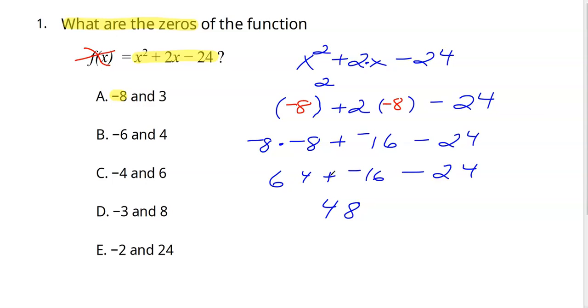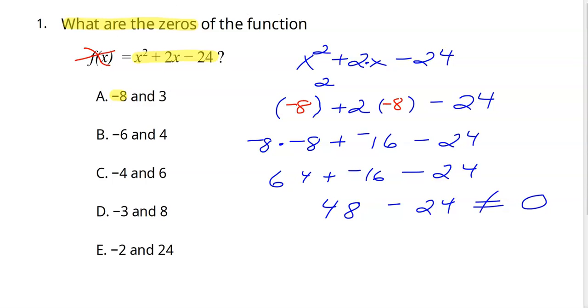When you add a negative, it's the same as subtracting. So what I really did is just went 64 minus 16 is 48, then bring down my minus 24. And this does not equal 0. 48 minus 24 does not equal 0. So A cannot be a possible answer choice. It has to come out to 0, and it doesn't here. So I can eliminate answer choice A.